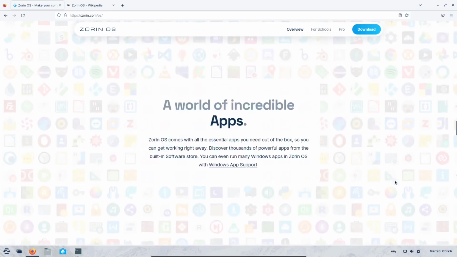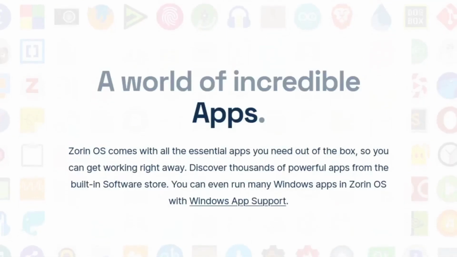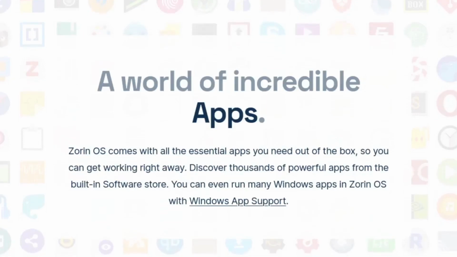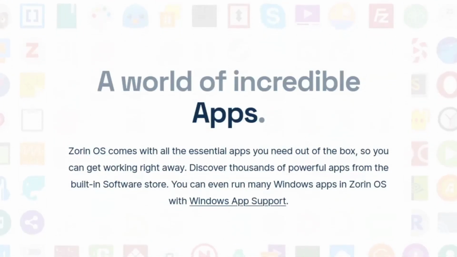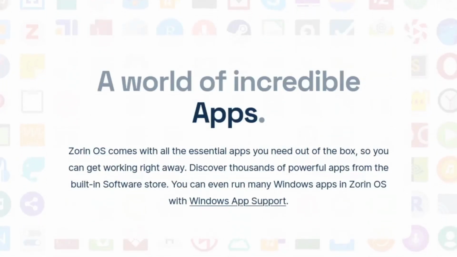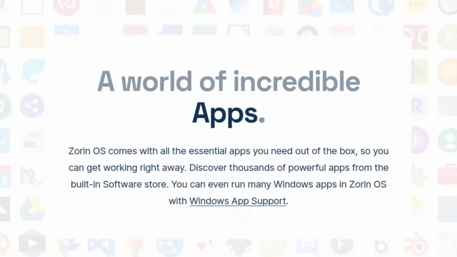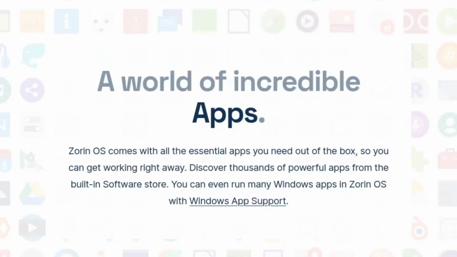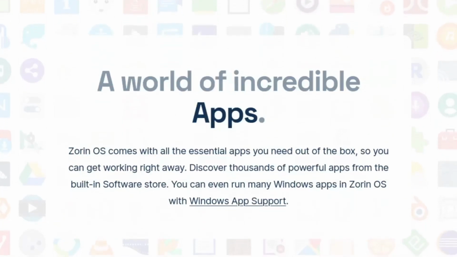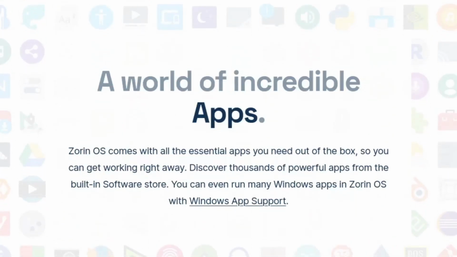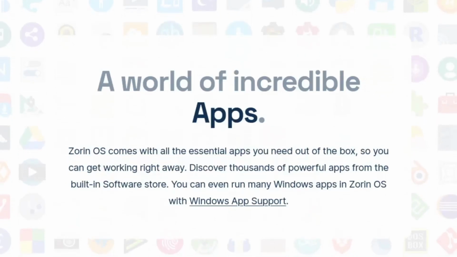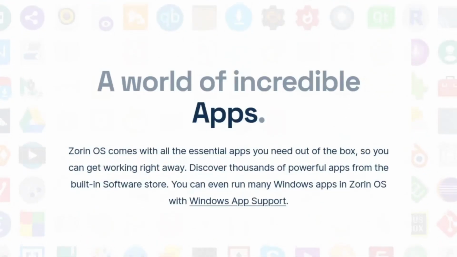So these are some interesting facts. Windows application support. Zorin OS comes with all the essential applications you need out of the box. Discover thousands of powerful applications from the built-in software store or center. You can run any Windows application in Zorin OS.